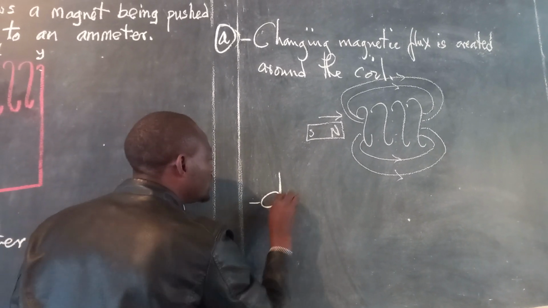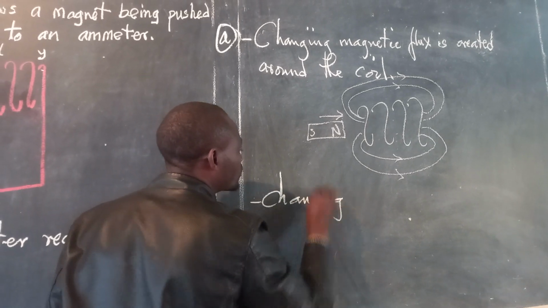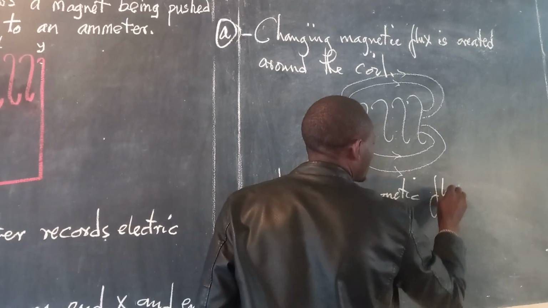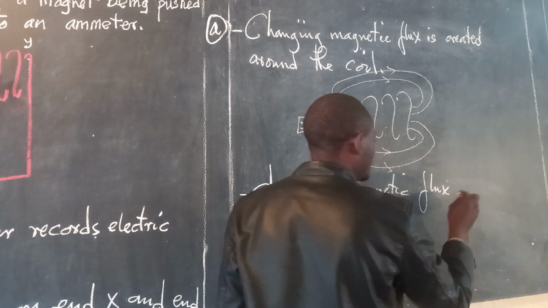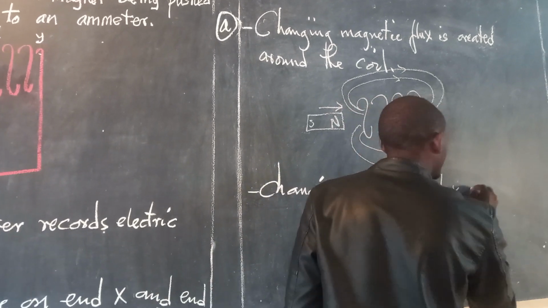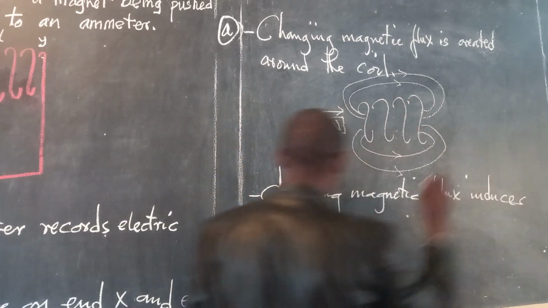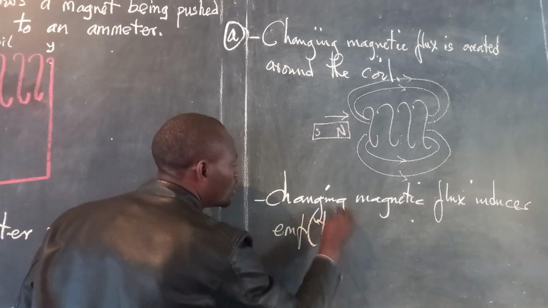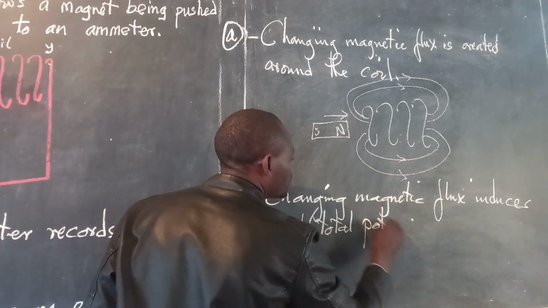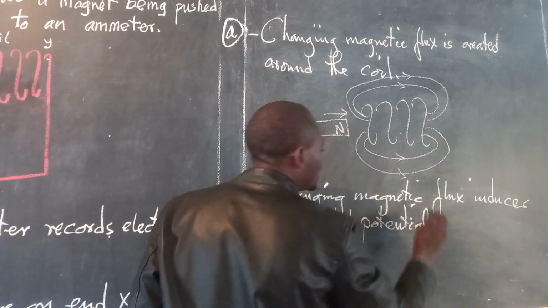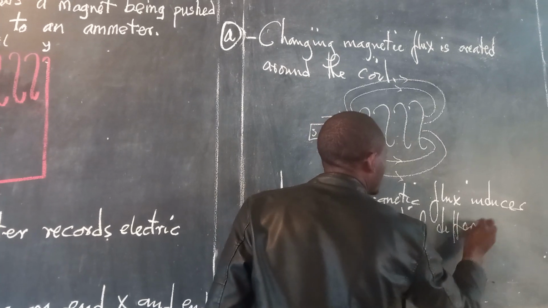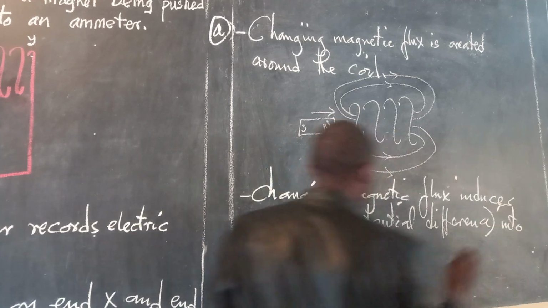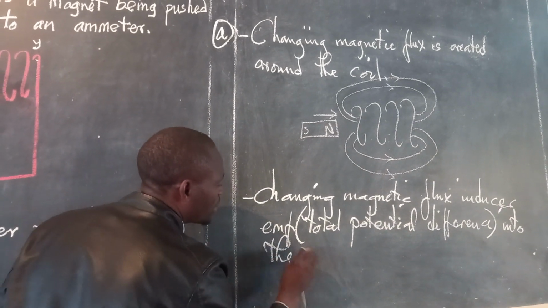Okay, we are saying changing magnetic flux induces electromotive force or total potential difference into the coil.